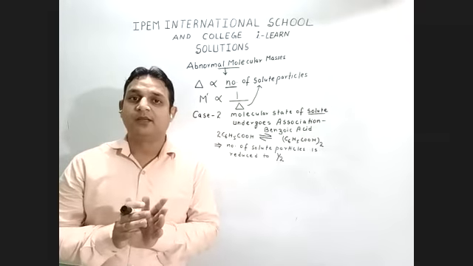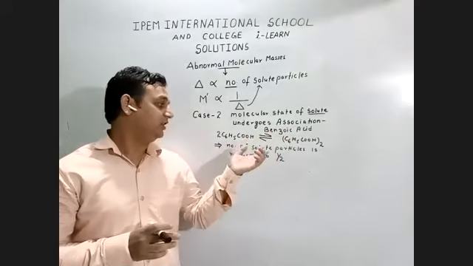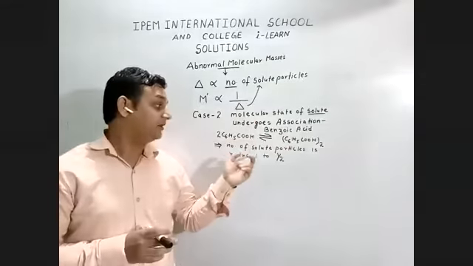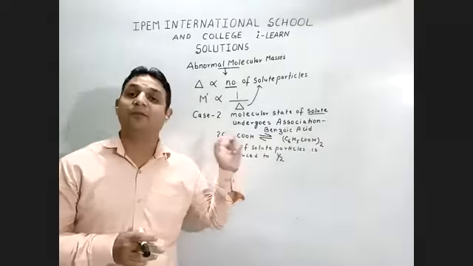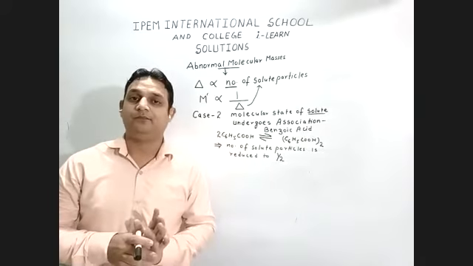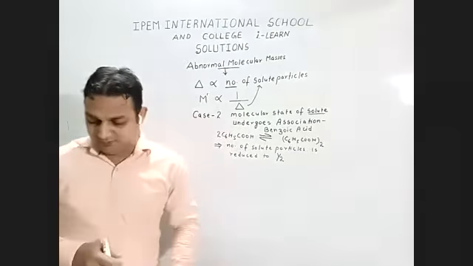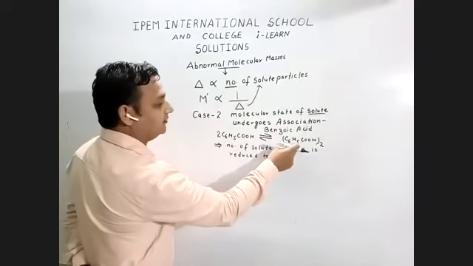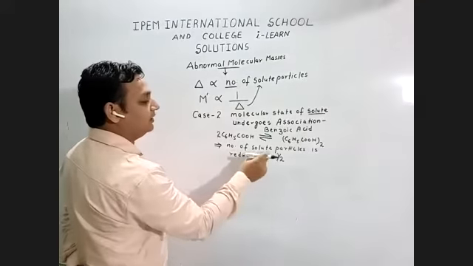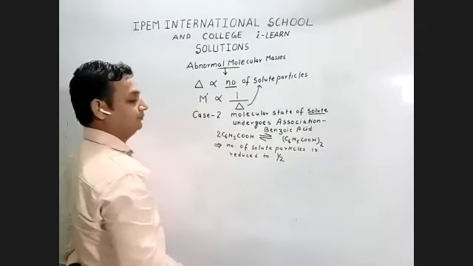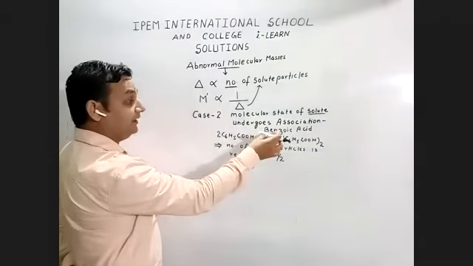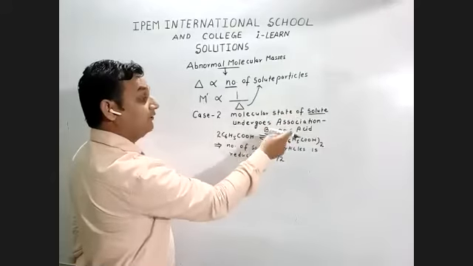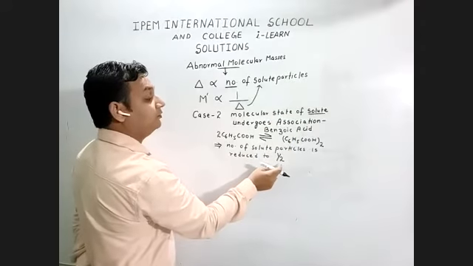Reason? When they form association, the number of solute particles, when we are talking about the dimer, is reduced to 1 by 2, half. Formation of dimer reduces the number of solute particles to 1 by 2. How this is happening, when we calculate the association, there also I will explain why here we talked about 2.